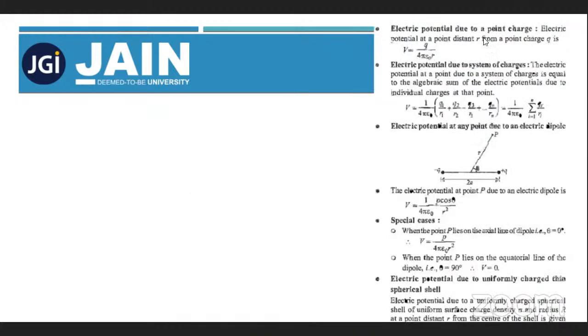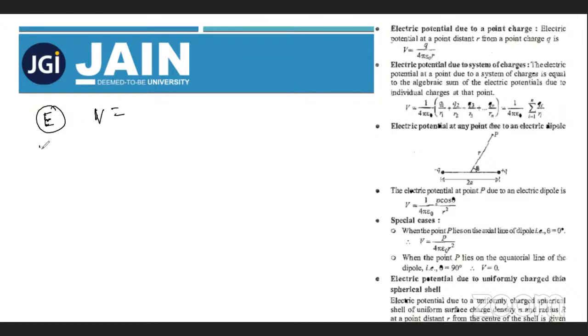Electrical potential due to a point charge is kq by r. Again, everything will be just divided by whatever you calculated there. If I'm trying to calculate E, whatever E value is there, you just multiply that by r, so that will be your V value.